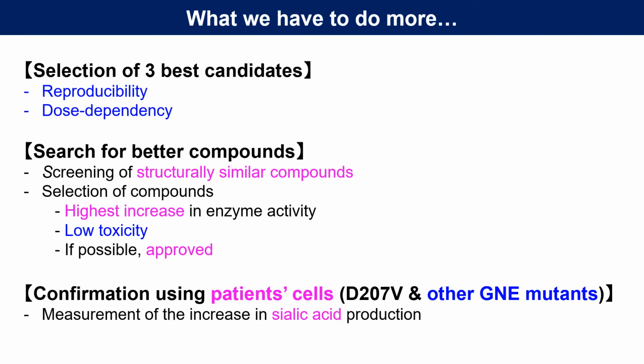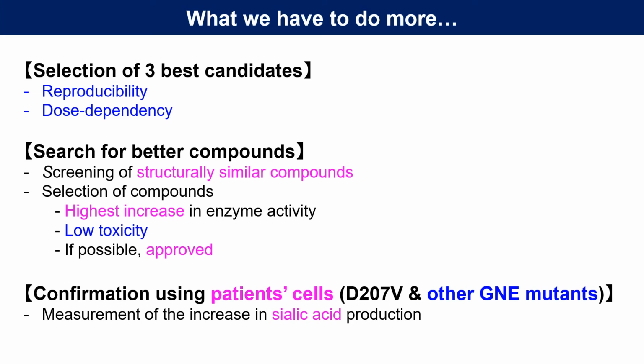We are continuing to work on this project to find a good activator from known compounds. We would repeat the experiments to confirm reproducibility and select the best 3 candidates. And we need to confirm the dose-dependent increase in the enzyme activity. Then we will perform computational screening again for structurally similar compounds to these 3 best candidates, because we want to find the compounds that increase enzyme activity the highest.